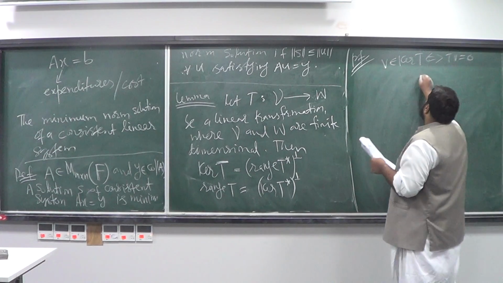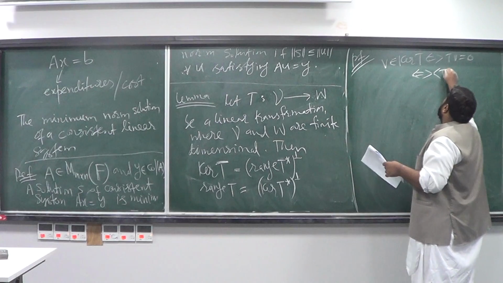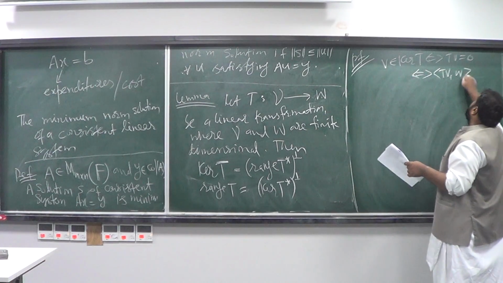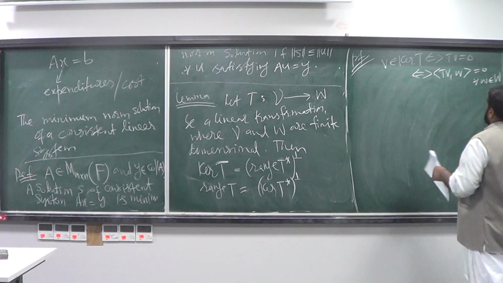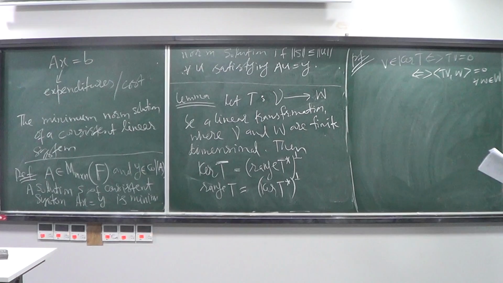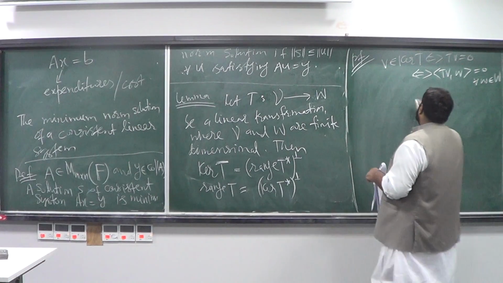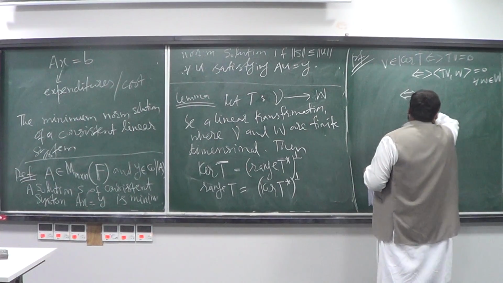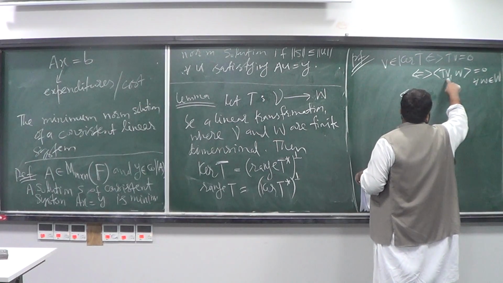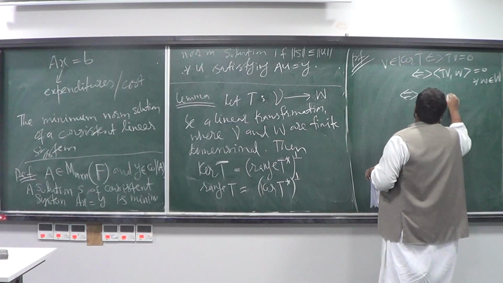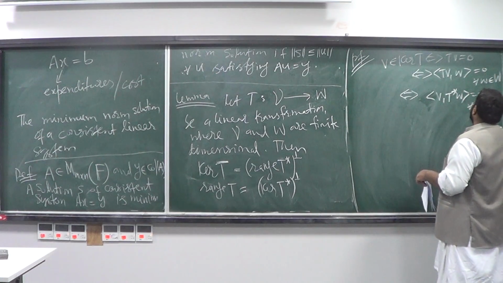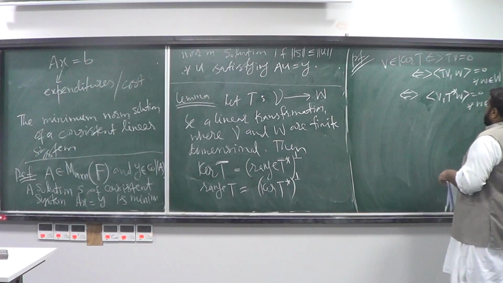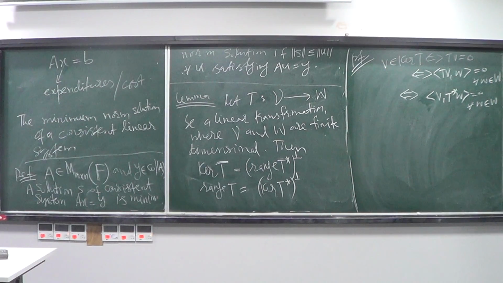Now, if T of V is 0, that means that the inner product of T of V and W is equal to 0 for all W in W. And if this is the case, then by the definition of adjoint, if you take this T on the other side, you're going to have the inner product of V and T star of W equal to 0 for all W in W. So what does this show?